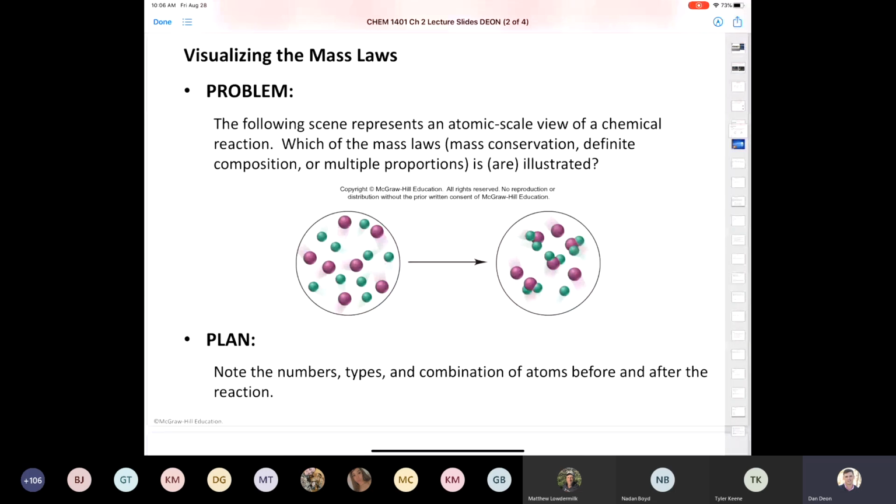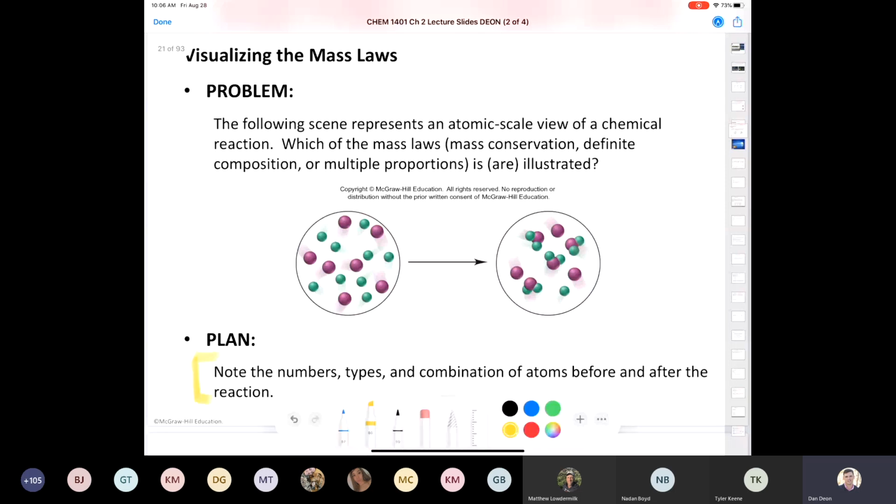It says the following scene represents an atomic scale view of a chemical reaction. Which of the mass laws, mass conservation, definite composition, or multiple proportions is illustrated? Now, it's a really good plan.